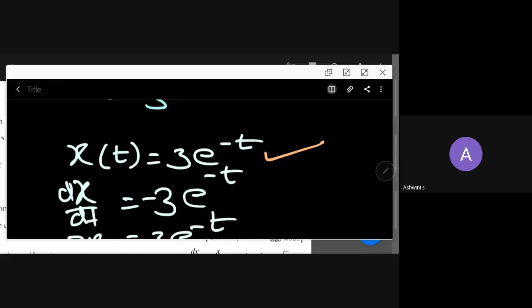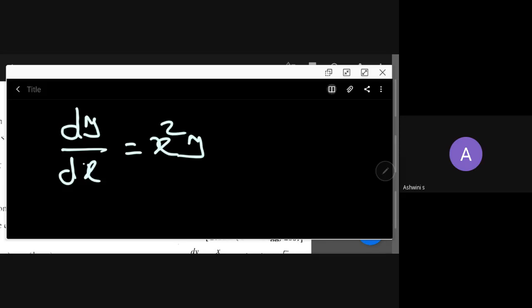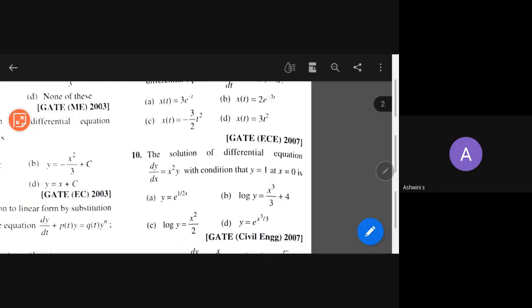Right. 10th question. The solution of the differential equation dy dx is equal to x square y, with y equal to 1 at x equal to 0.